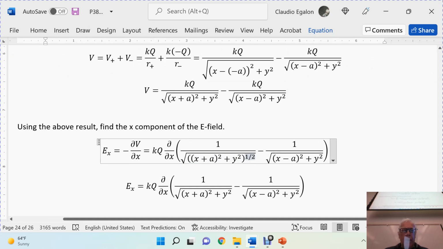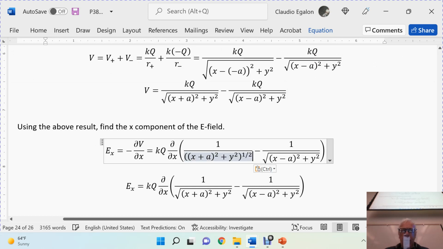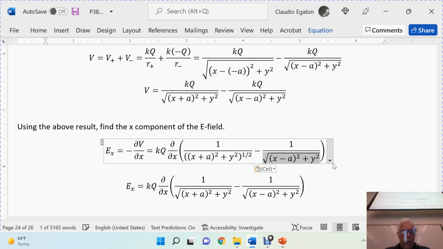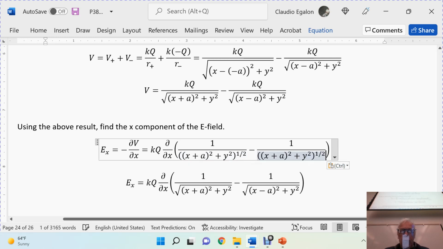Like that. I don't need the square root anymore. And I'm going to do the same right in here. Change the negative.